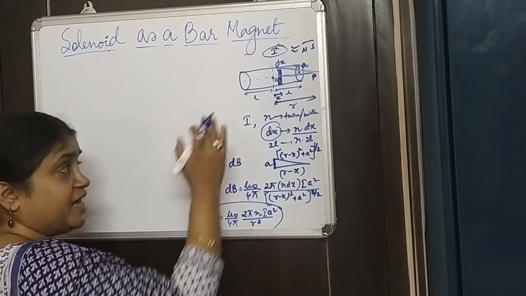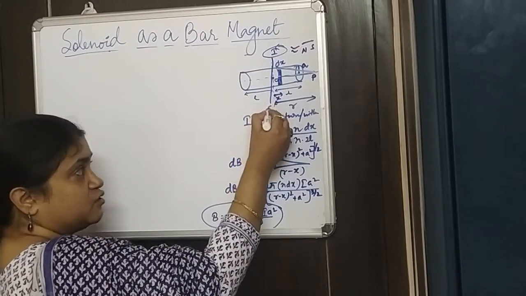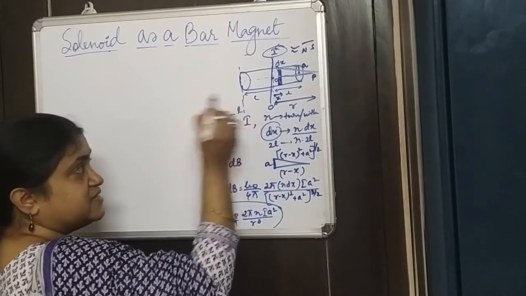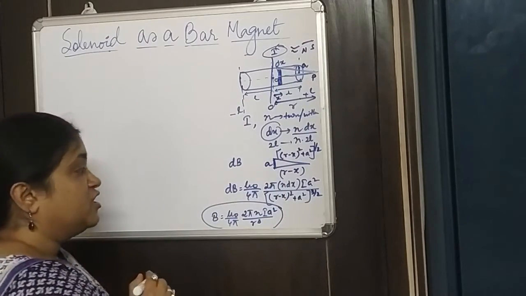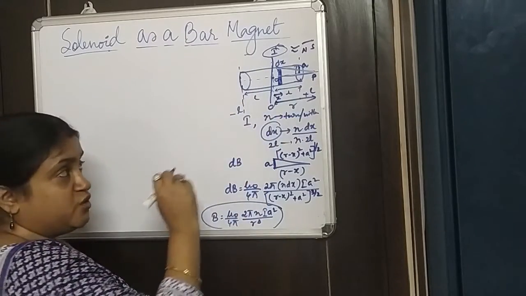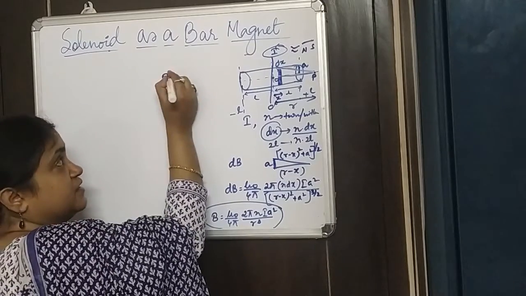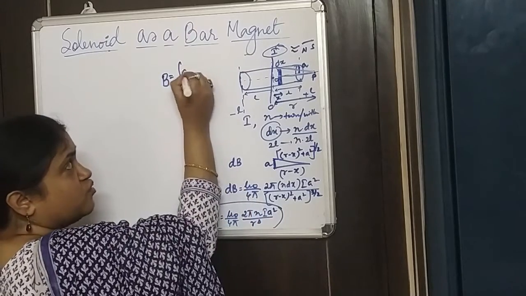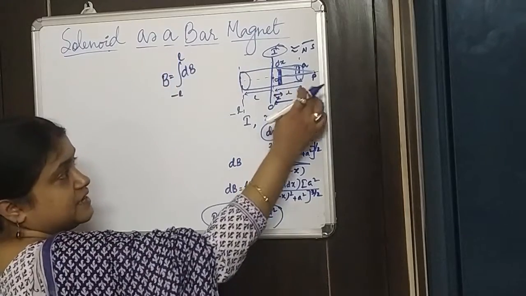So, if I have to calculate the whole thing, now we will imagine this is the center O, and this particular end point is at minus L, and this end point is plus L for the solenoid. Now, if I have to find the magnetic field for the whole solenoid at the point P, then the total magnetic field B can be calculated by adding up or integrating this small section dB, integrating from minus L to plus L, right?